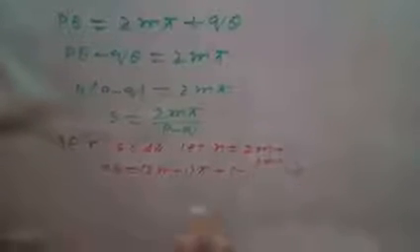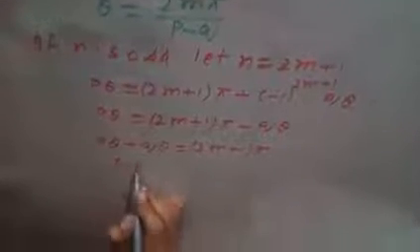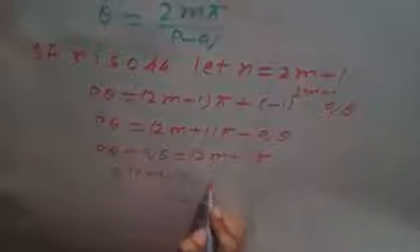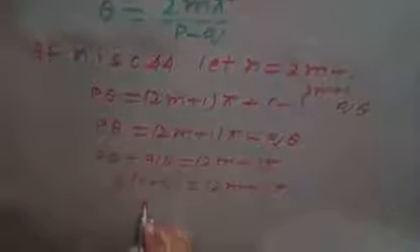Minus to the power odd always gives a minus sign, so pθ = (2m + 1)π - qθ. Here minus on this side, so plus qθ. Taking θ common, (p + q)θ = (2m + 1)π. So in the next line, θ = (2m + 1)π/(p + q).